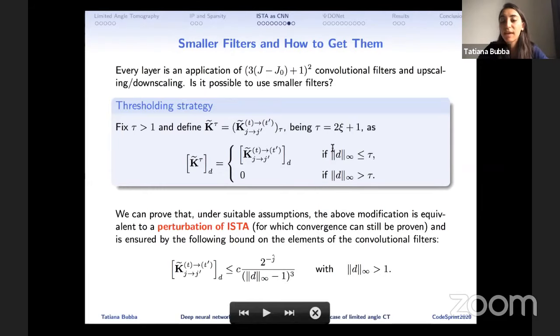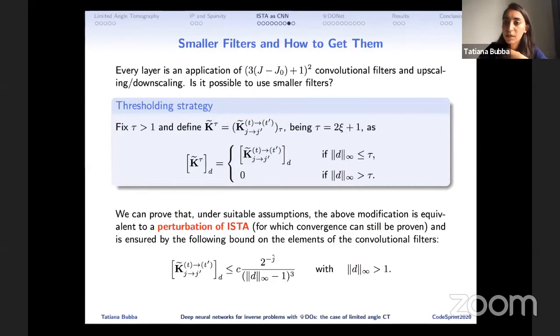What it means is that instead of using the very large filters like that, we find a parameter tau that considers only the central part of the blocks, with a box constraint given by the infinity norm. So we reduce the size, and this can be done without changing the result we gave before, because it can be demonstrated to be just a perturbation of the ISTA algorithm.